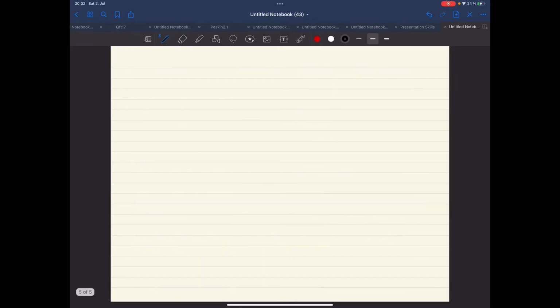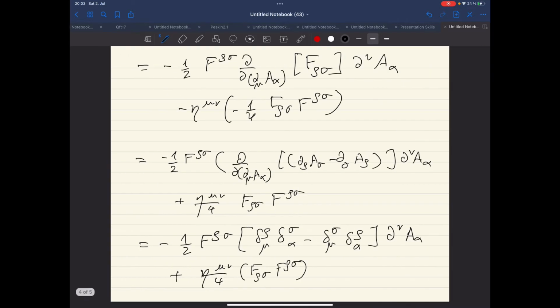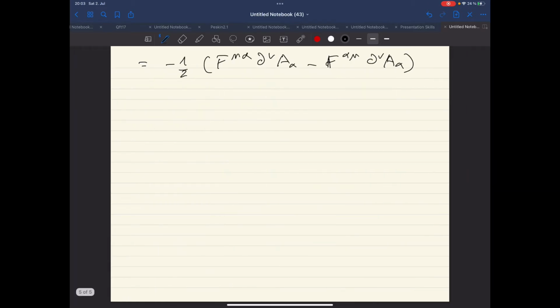Good. So this is equal to minus 1/2 F^{μα} ∂^ν A_α minus F^{αμ} ∂^ν A_α, but the indices of the tensor are now restricted by these Kronecker deltas, and then there is plus η^{μν} over 4 F_{ρσ} F^{ρσ}.